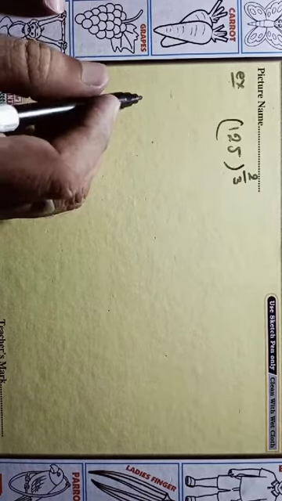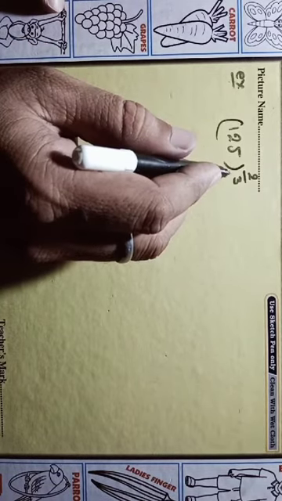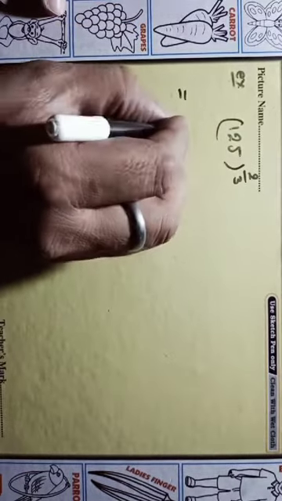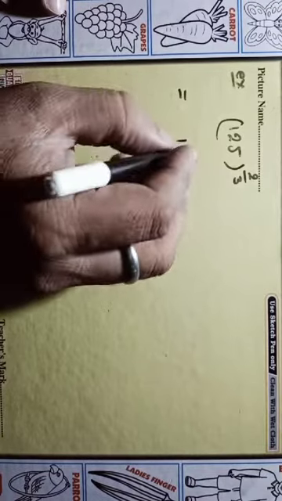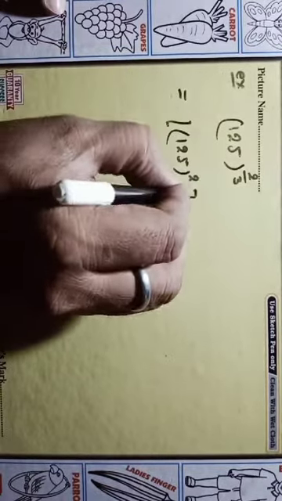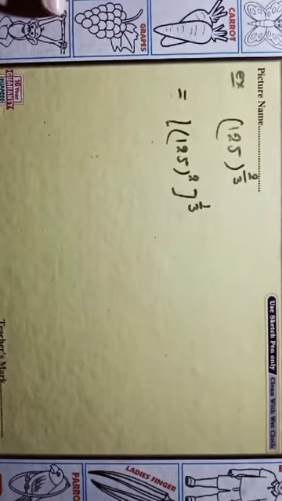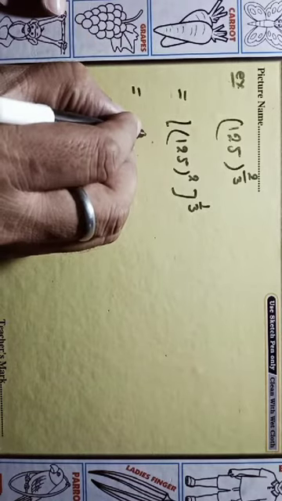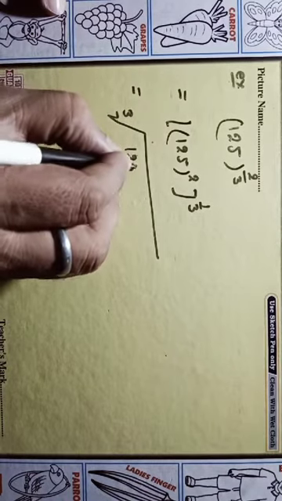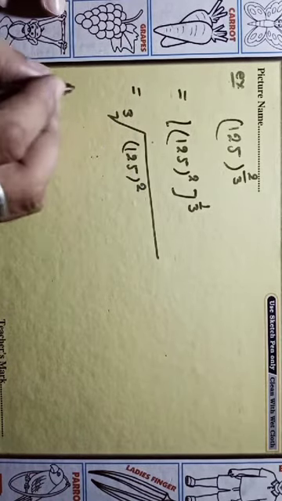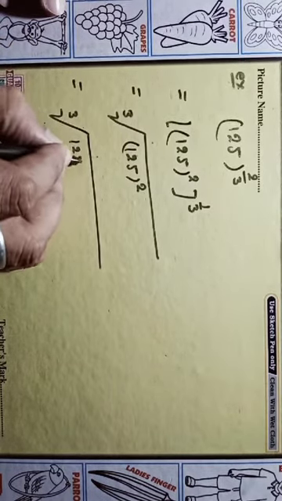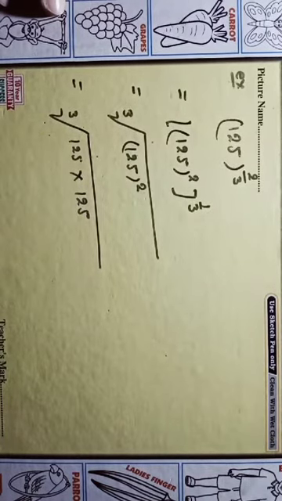Now calculate the value of 125 to the power 2 by 3. So first change this value into radical form: 125 squared, whole to the power 1 by 3. Now this value is written with index 3 and 125 squared. Now this value becomes the cube root of 125 multiplied by 125.